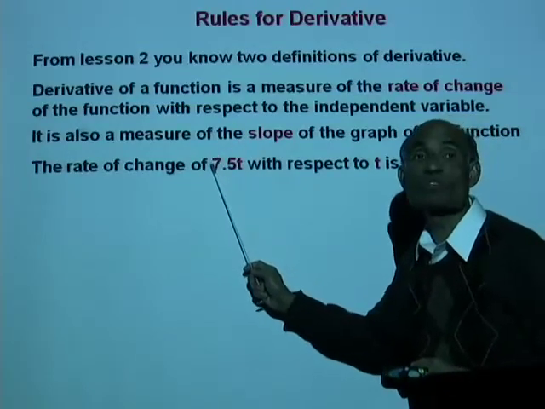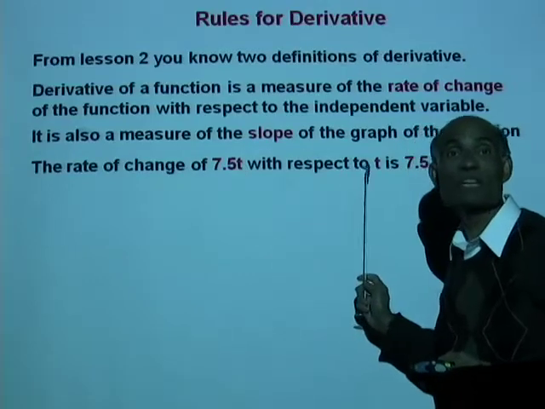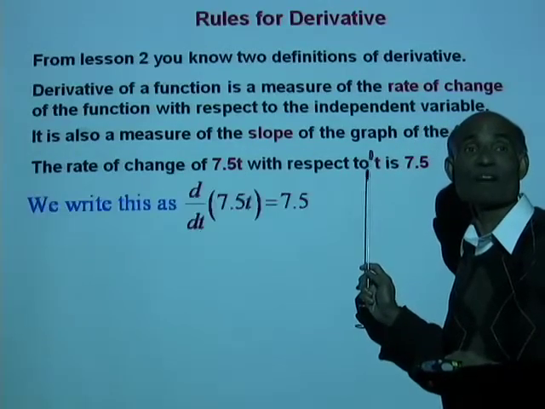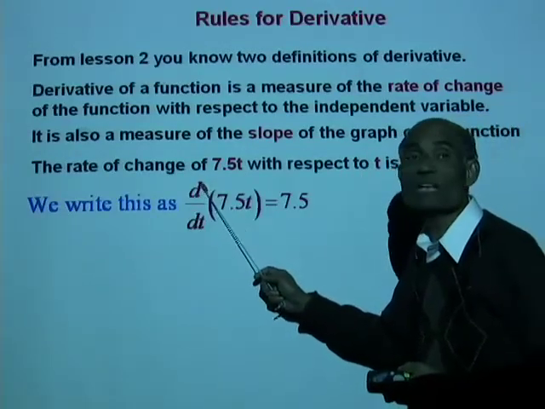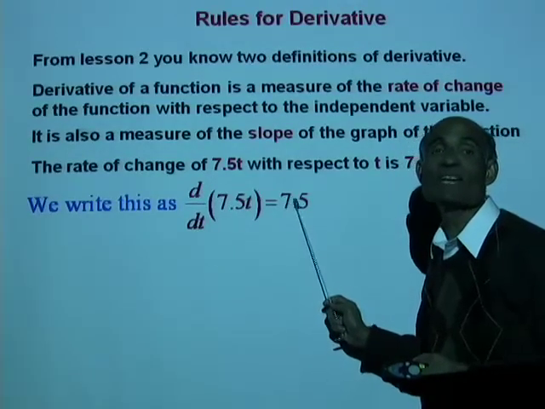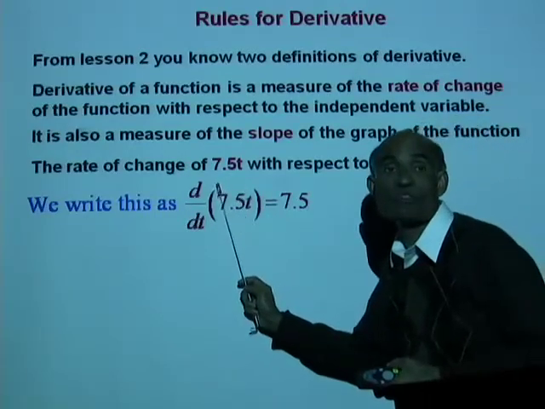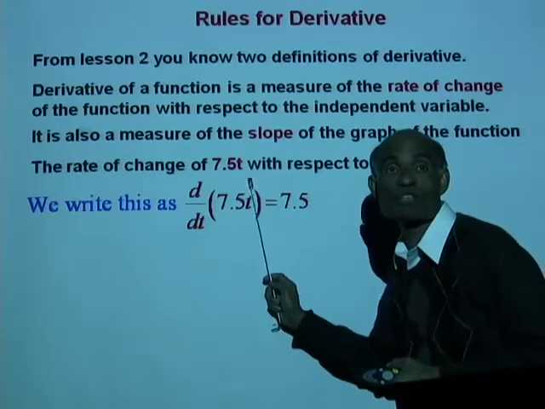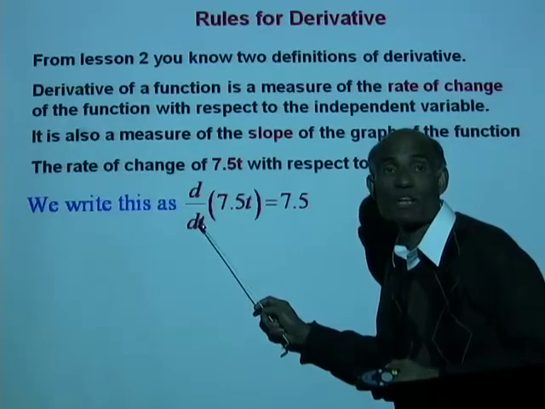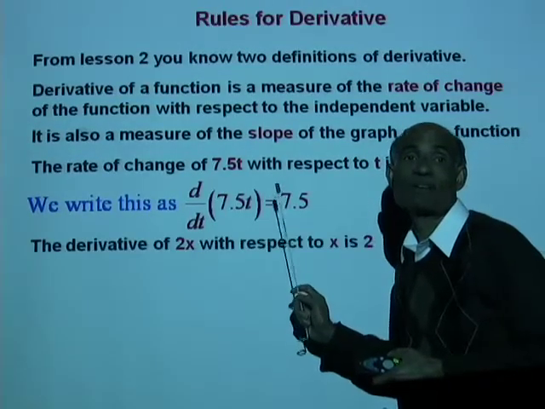That means the derivative of y equal to 7.5t is 7.5. We say like this, d by dt of 7.5t is 7.5. What does that mean? It means the derivative of the function 7.5t with respect to t is 7.5.